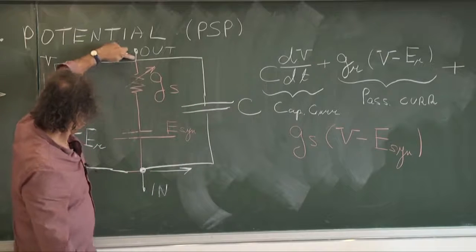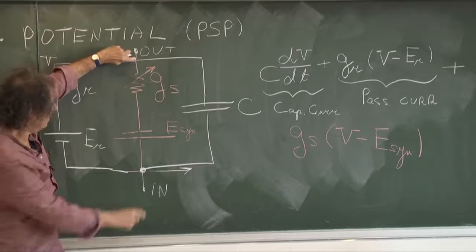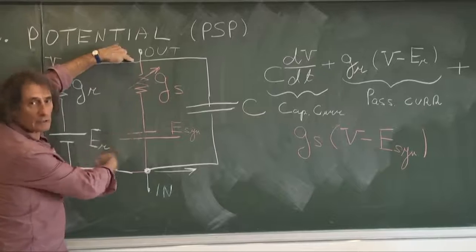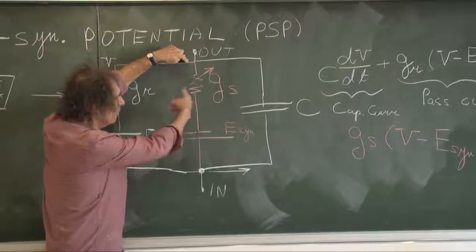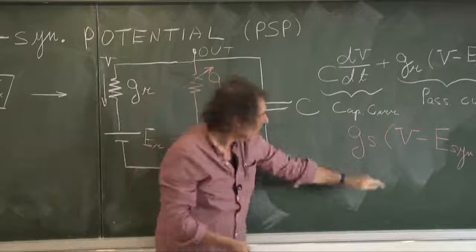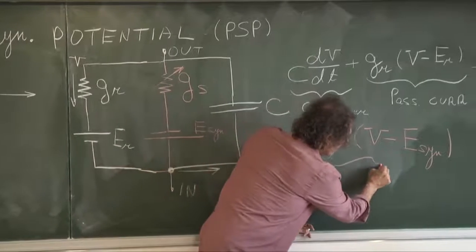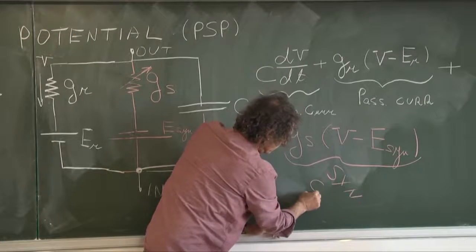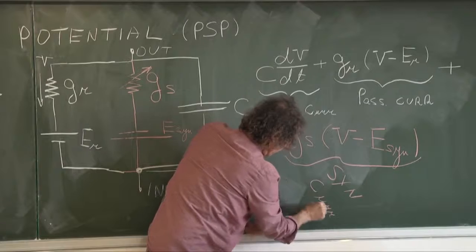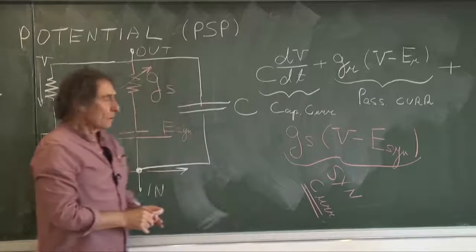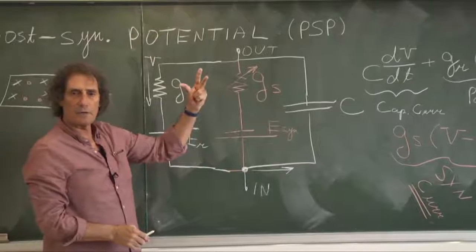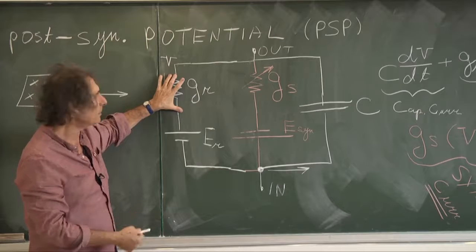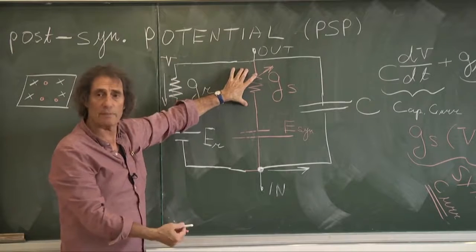Okay, so this is exactly V, the membrane voltage at this side, minus the synaptic battery at this side, multiplied by the conductance of the synapse. So this is the synaptic current. So you see that in this circuit you have three types of currents: the capacitative current, the passive current, or the resting current, and the synaptic current.